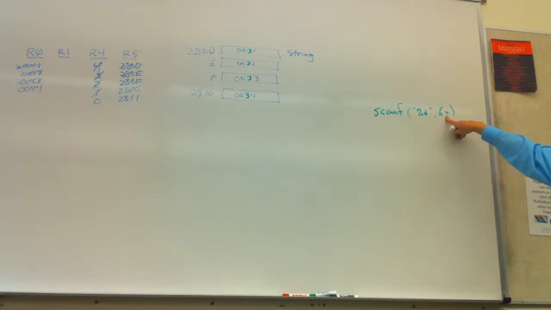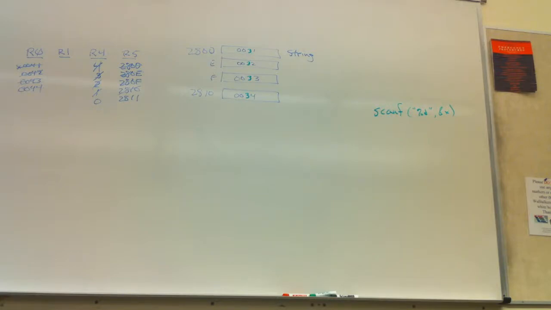Here what I have ended up with is a character string of ASCII codes. Now if I want to get that to 1,234 and store in some memory location X down here, I've still got some work to do.